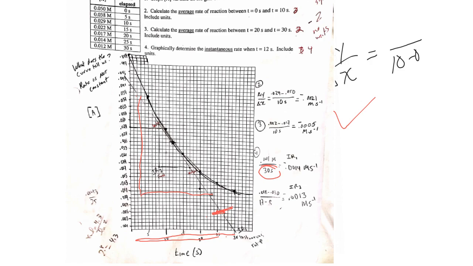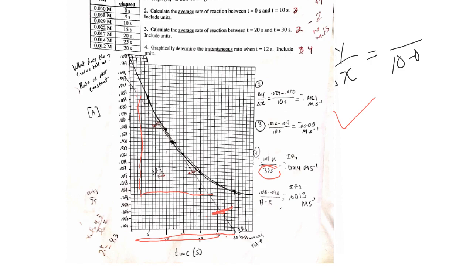So it would be change of y over change of x. So we'd end up with a negative 0.014 molar per second for the instantaneous.